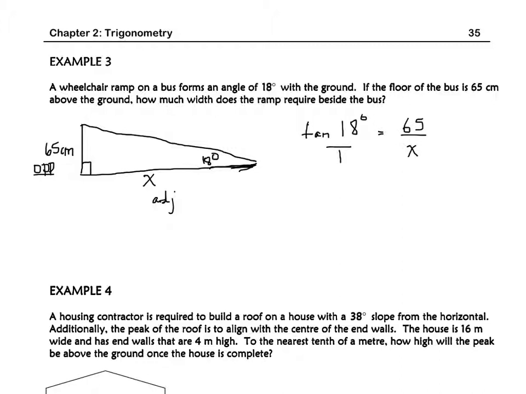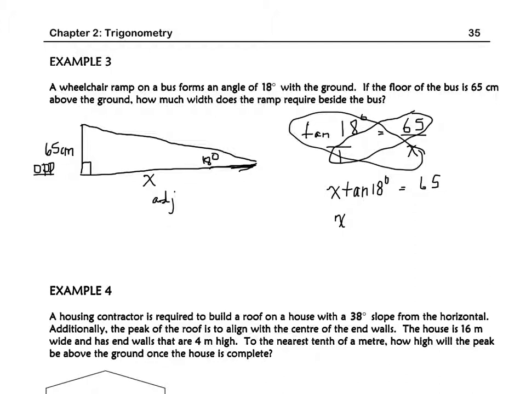And we can cross multiply here and get x times the tan of 18 is 65 times 1, which is 65.